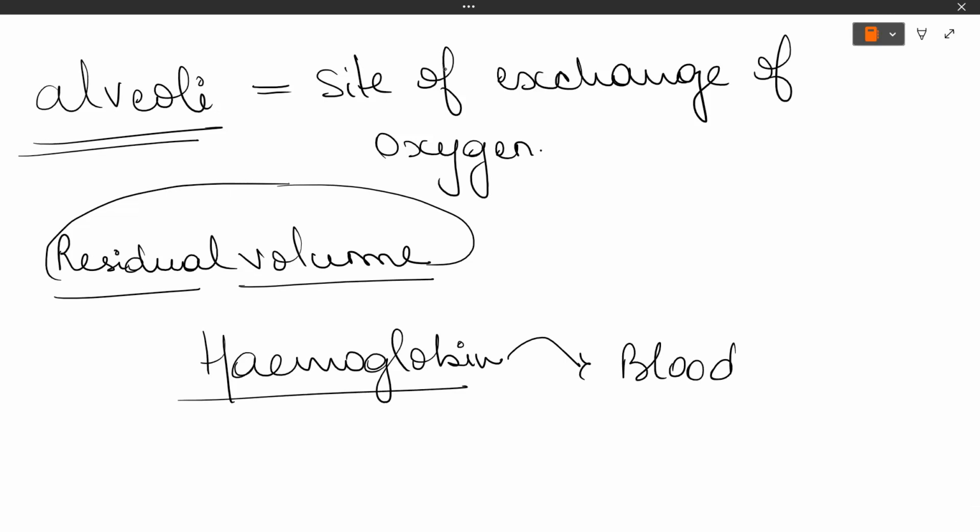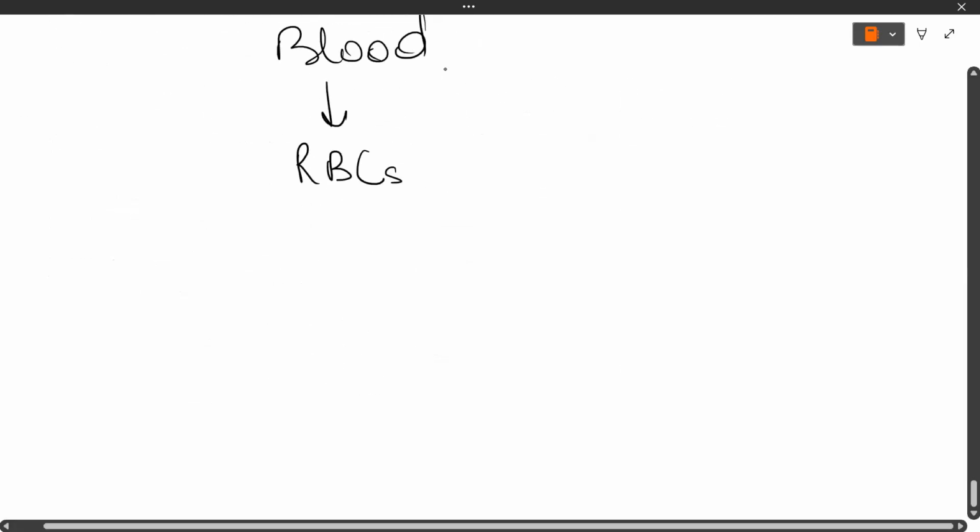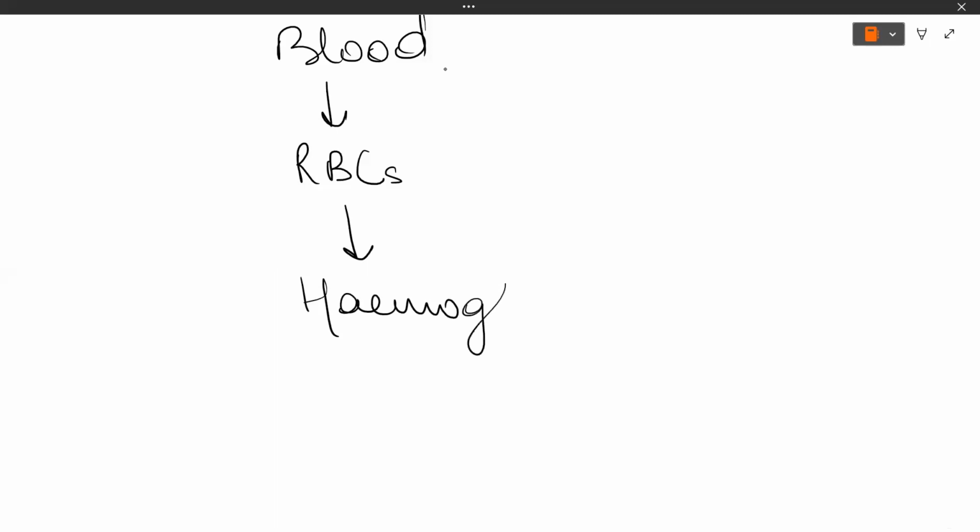So if you see what is the chronology here, our blood contains the RBC, you know, red blood cells. Now the RBC contains the hemoglobin. And this hemoglobin transports all the gases in our body. Understood?